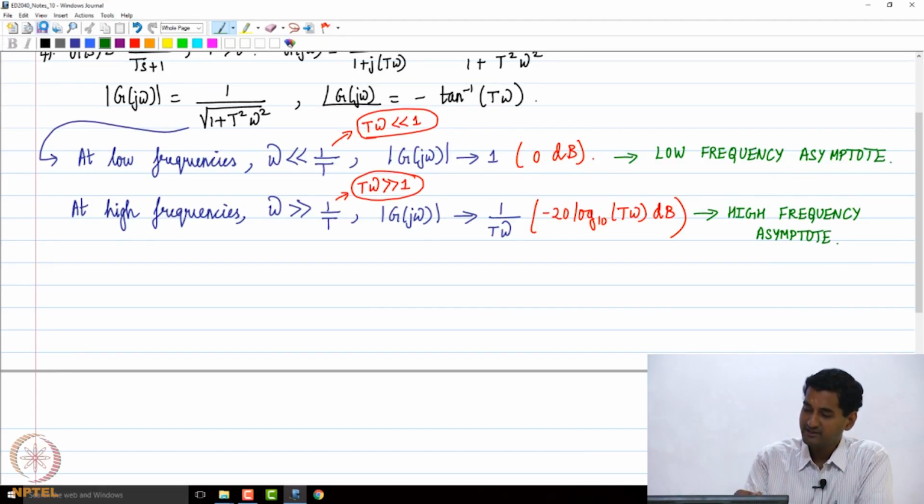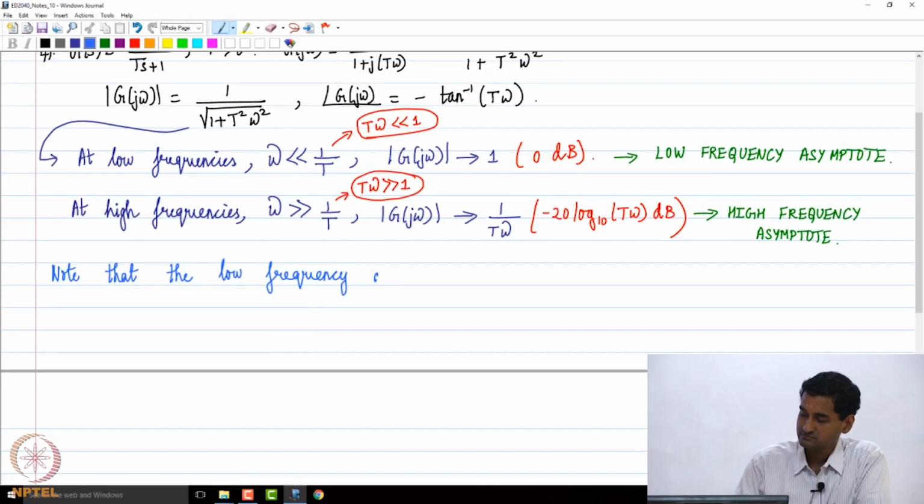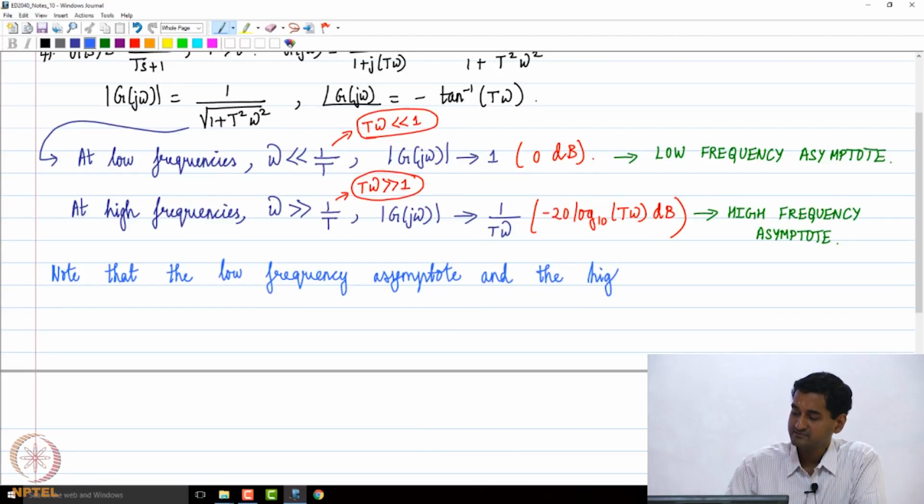We can note that the low frequency asymptote and the high frequency asymptote intersected. Where do they intersect?